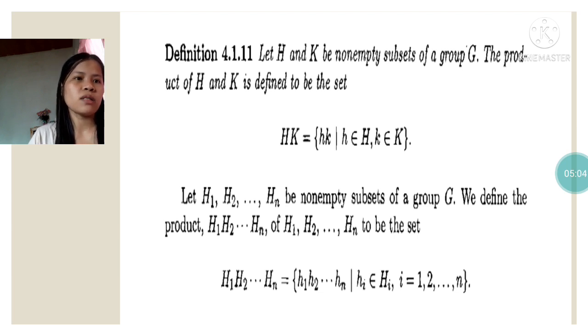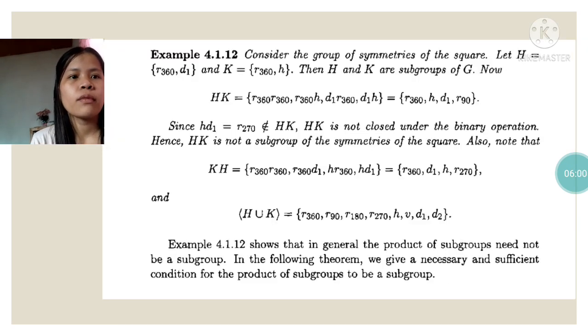Let H and K be non-empty subsets of a group G. The product of H and K is defined to be the set HK is equal to hk such that h is an element of H, k is an element of K. Let H_1, H_2, continuation H_n be non-empty subsets of a group G. We define the product H_1 H_2 continuation H_n to be the set H_1 H_2 ... H_n is equal to h_1 h_2 ... h_n such that h_i is an element of H_i for i equal to 1, 2, continuation n.